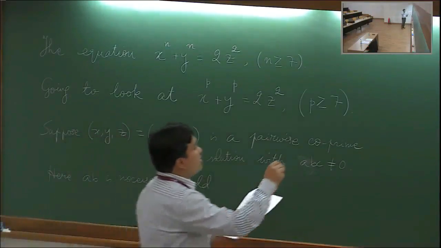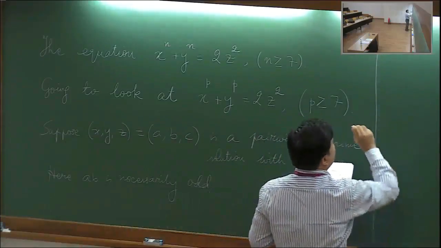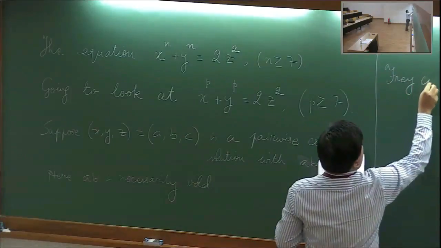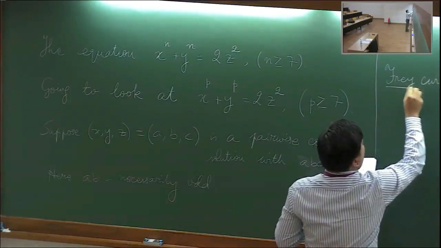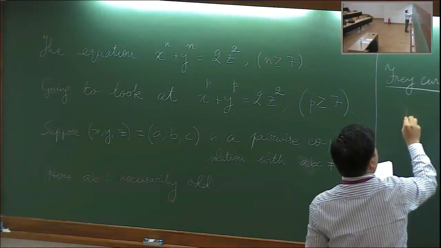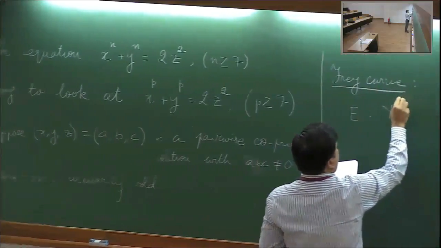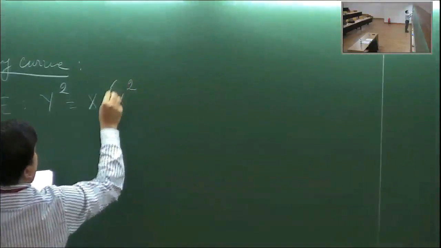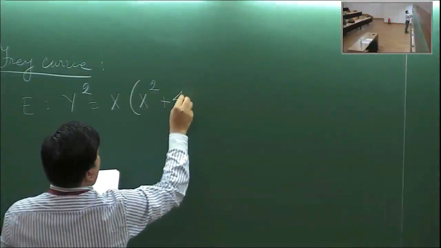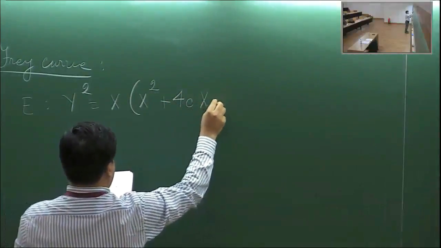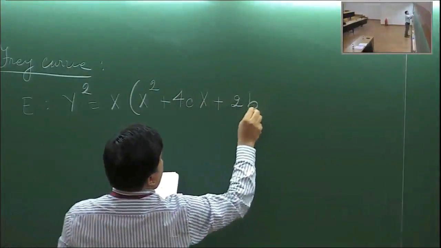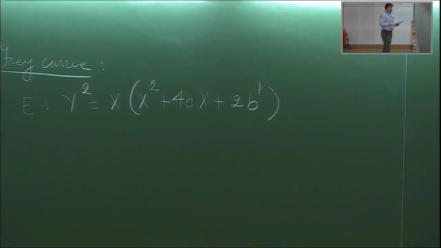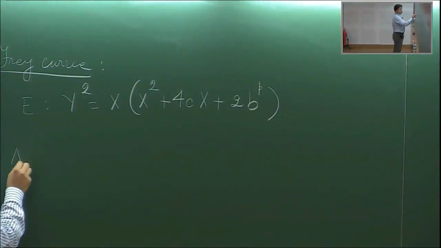Okay, and the associated Frey curve is given by y squared equals x times (x squared plus 4c x plus 2 times b to the power of p). And we compute the discriminant.